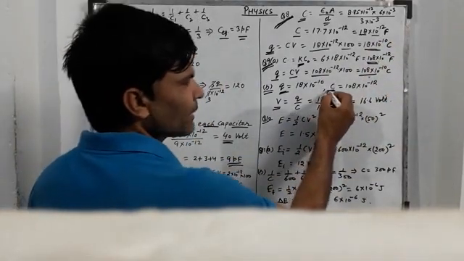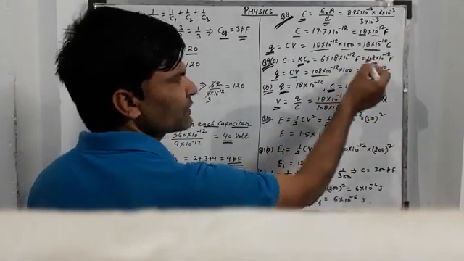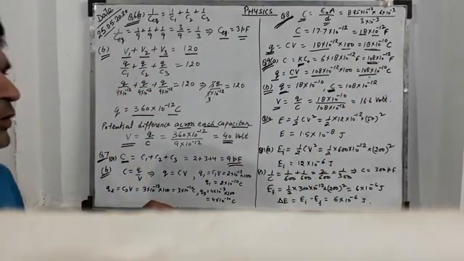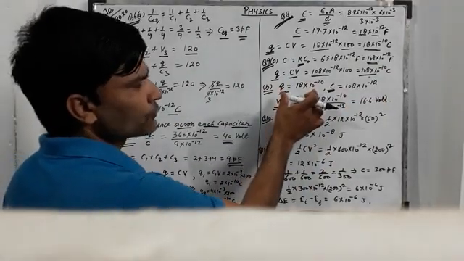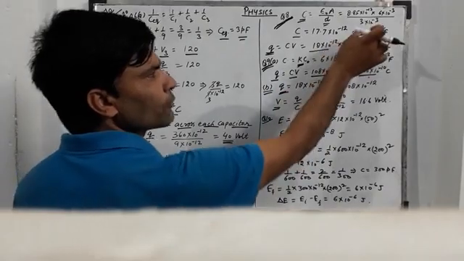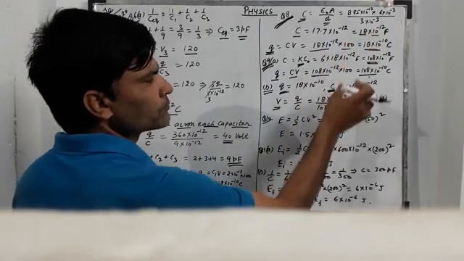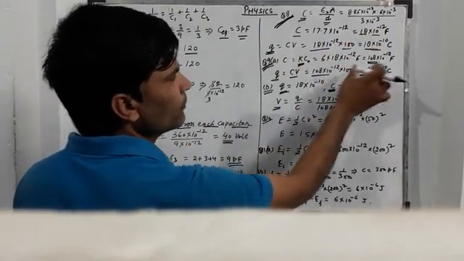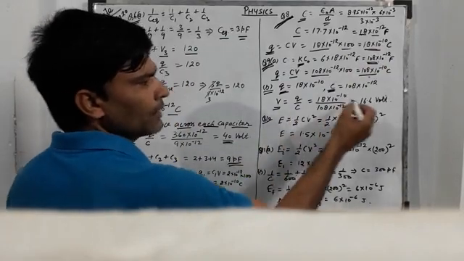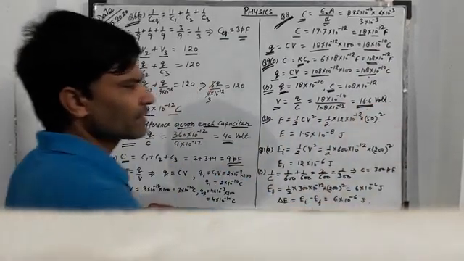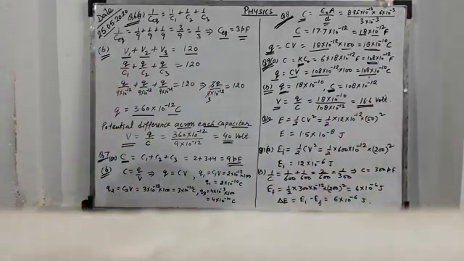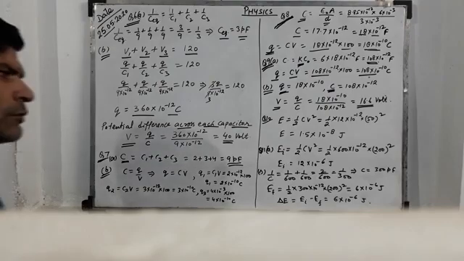And this capacitance is from the first part. This charge is from question number 8, and this capacitance is from the first part. By this we get the potential 16.6 volt.